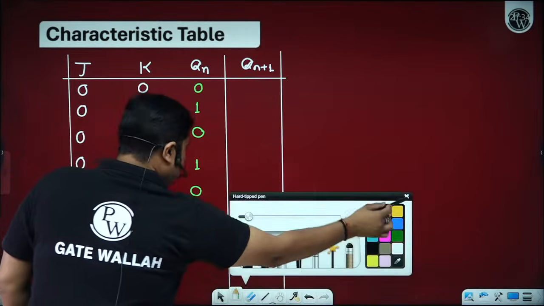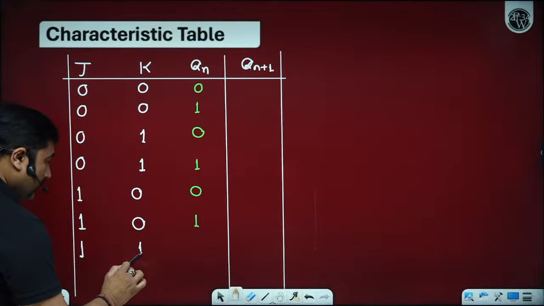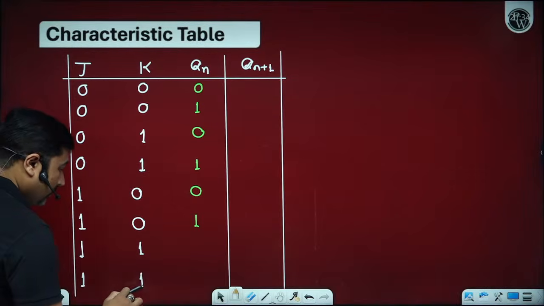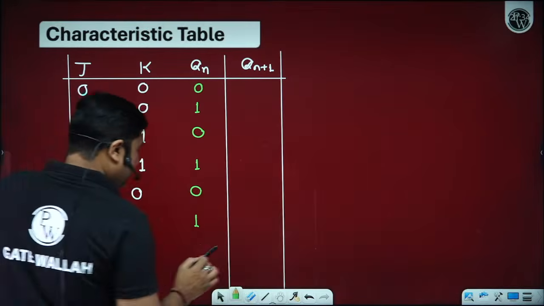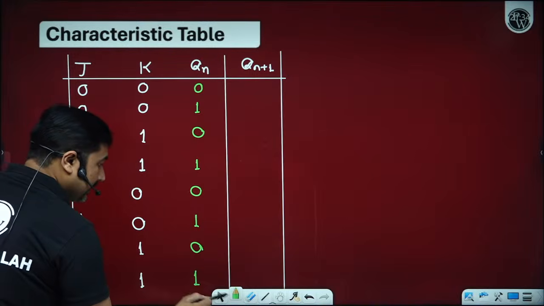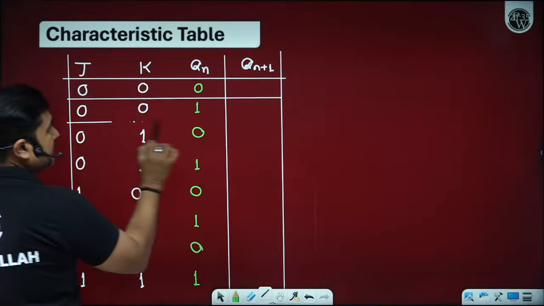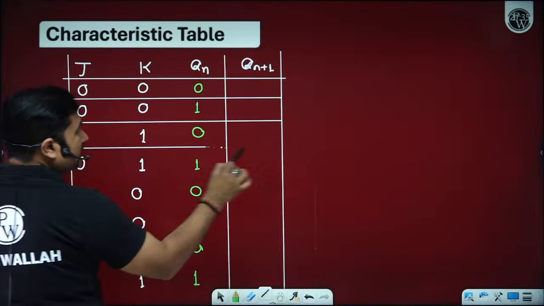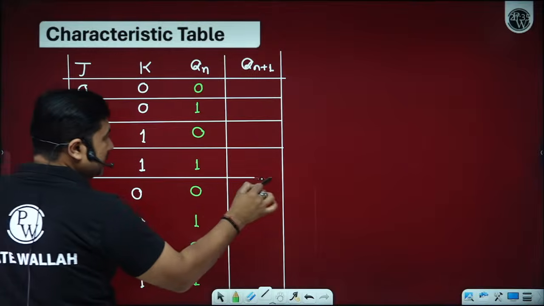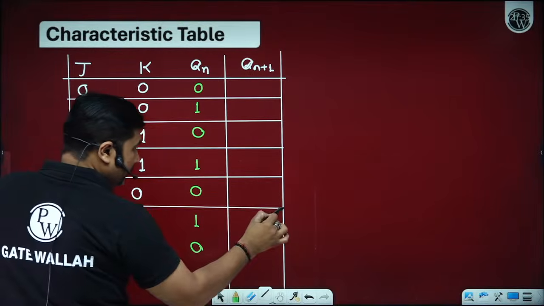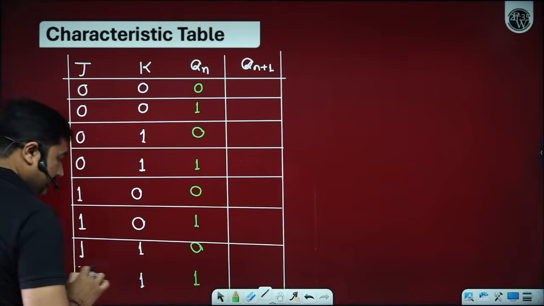Present input 1, 1, and the present state may be 0, may be 1. We can have all the combinations of present input and present state. Now, based upon the present input and present state, we can write the next state logic.